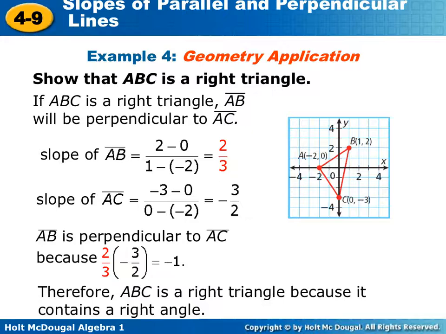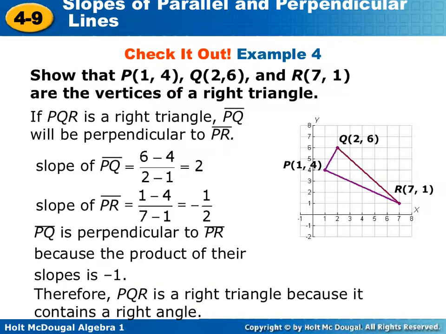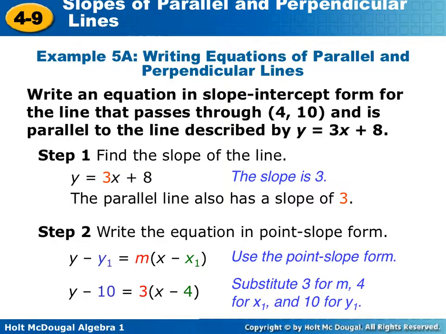Notice when they found the slope of this side, the AB, and then the slope of the AC, together they made opposite reciprocals, so it was perpendicular, making it a 90-degree angle. Again, I'm not going to quiz you on the geometry application here, but you will be doing this next year. And here's another geometry application.